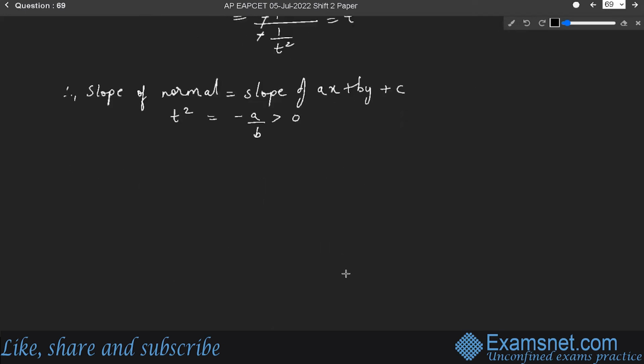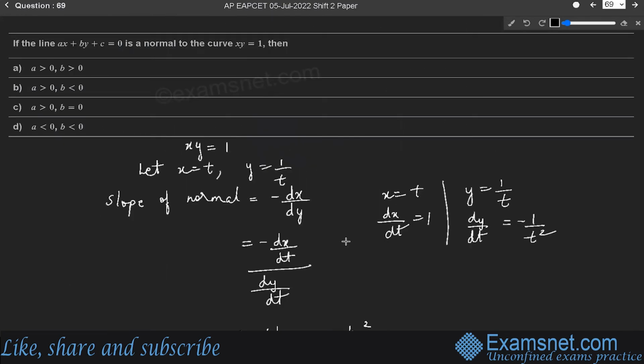So here we can say that from this condition, a is greater than 0 and b is less than 0, or we can say that a is less than 0 and b is greater than 0. Therefore, this is the required condition for the question. So we can say that the correct option is a is greater than 0 and b is less than 0, which is option number B here.